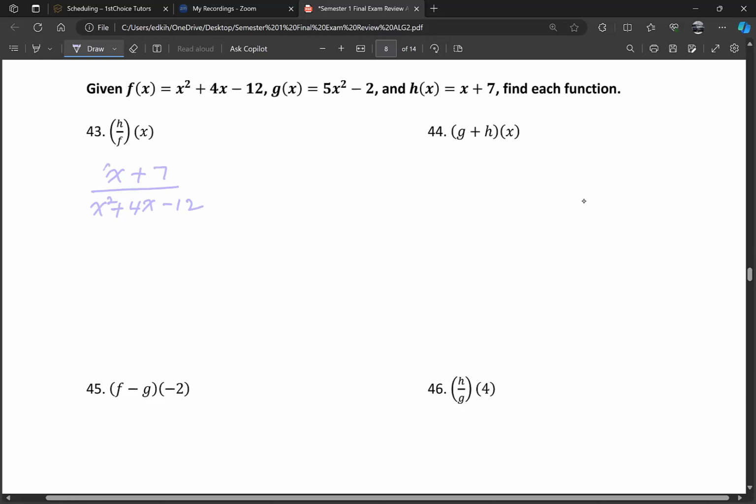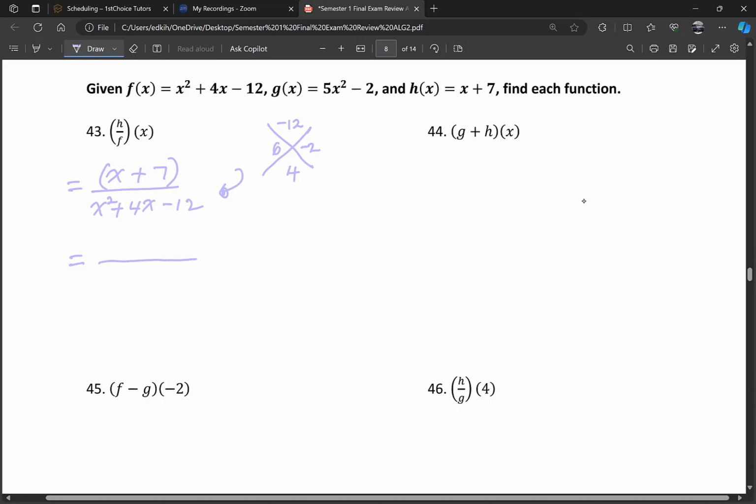So typically, you are supposed to simplify these if you can, but let's see if we are able to do that. So focusing on the denominator, is it factorable? Let's see. We can do a product. It's negative 12. Sum is what? 4. What multiplies to negative 12 and adds to 4?